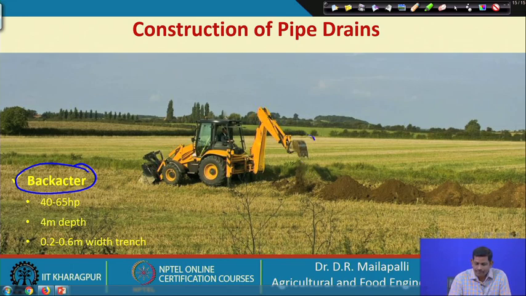This portion will be used to excavate the soil to achieve the desired depth. Mostly these backhoes will have 40 to 65 HP, and can excavate 4 meters deep, making trenches 0.42 to 0.6 meter wide.